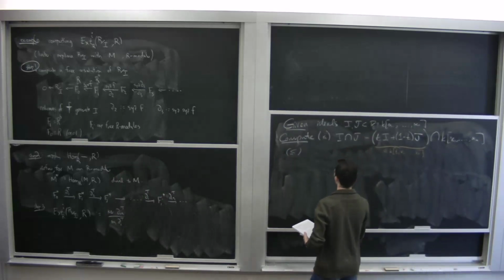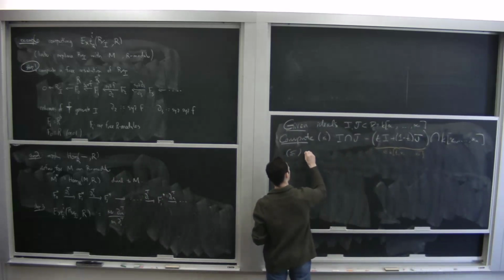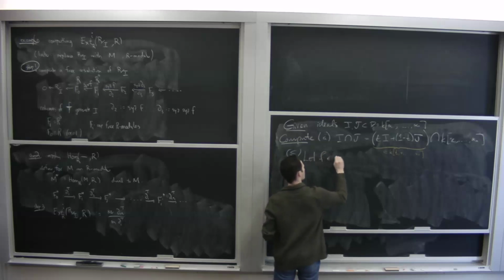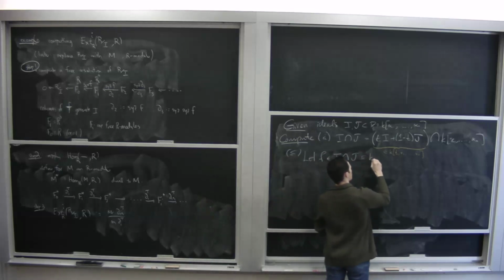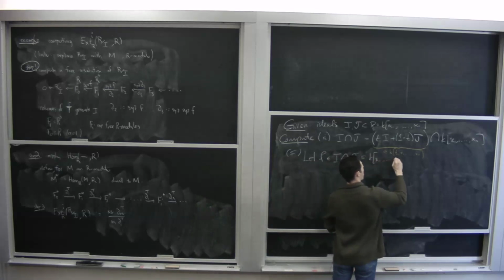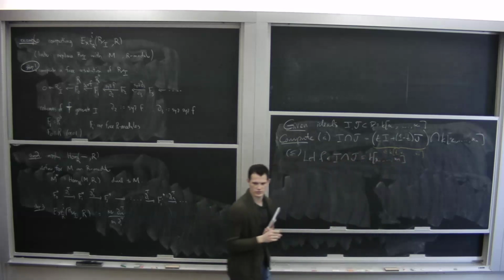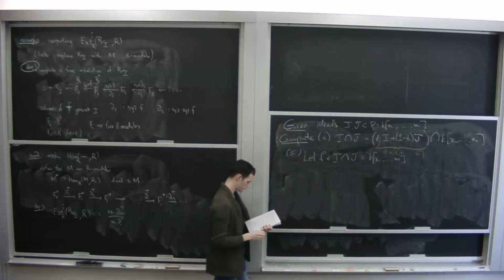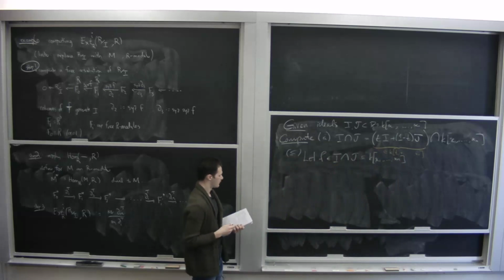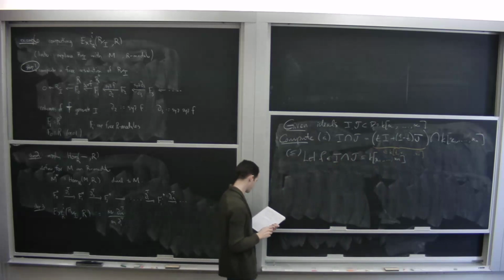So if we start and let f be something in the intersection, this is definitely going to be in the variables x1 up to xn. So all we need to do is show that it's in this sum. f doesn't depend on t.